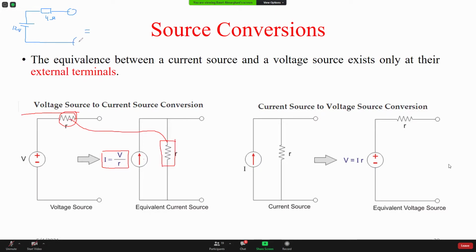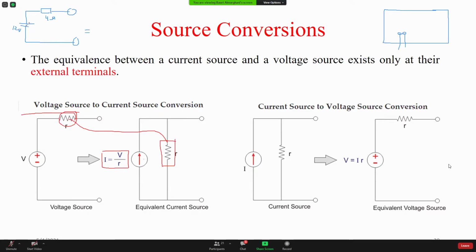Those are the terminals of the source. In the lab, we have the DC source, for example, like this. It has terminals, the ones you use to connect to your circuit.